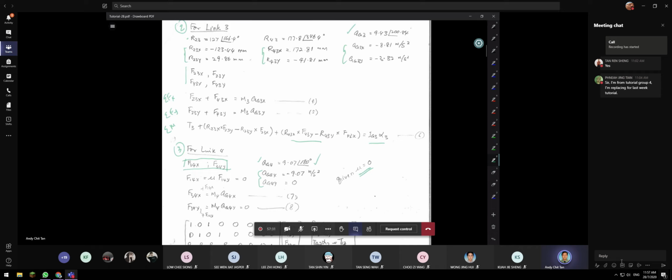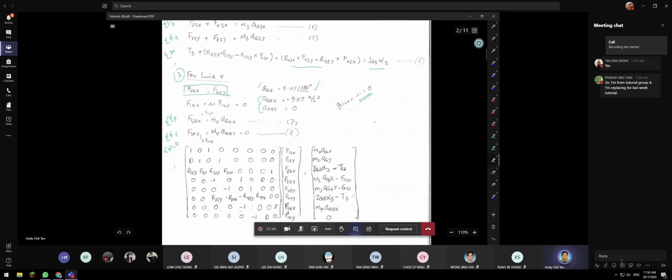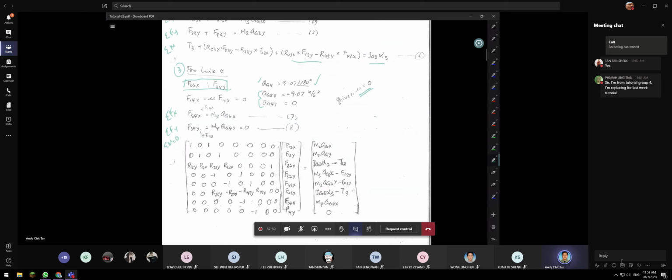All right, so for here we have summation of F_x, summation of F_y, summation of M is equal to 0 because the cylinder doesn't rotate. Based on these 8 equations, we can construct a matrix like this. This is the force you want to find.